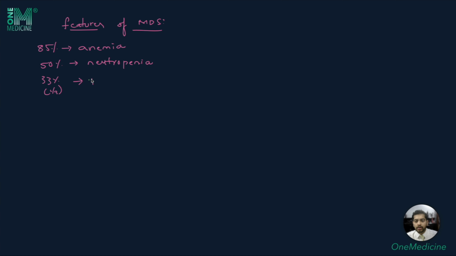Now let's look at the features of myelodysplastic syndrome. 85% of the patients with MDS have anemia. Around 50% of the patients have neutropenia. Around 33%, that is 1/3 of the patients, have thrombocytopenia. Bone marrow examination will reveal varying degrees of cytologic atypia.